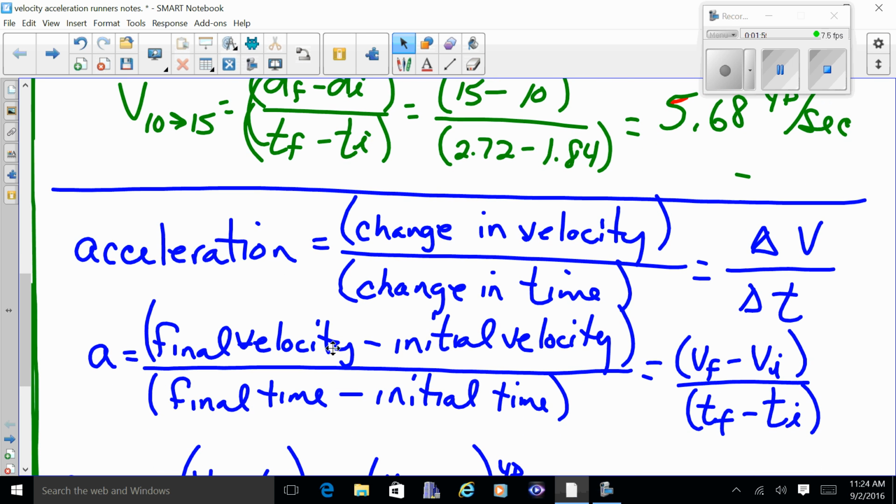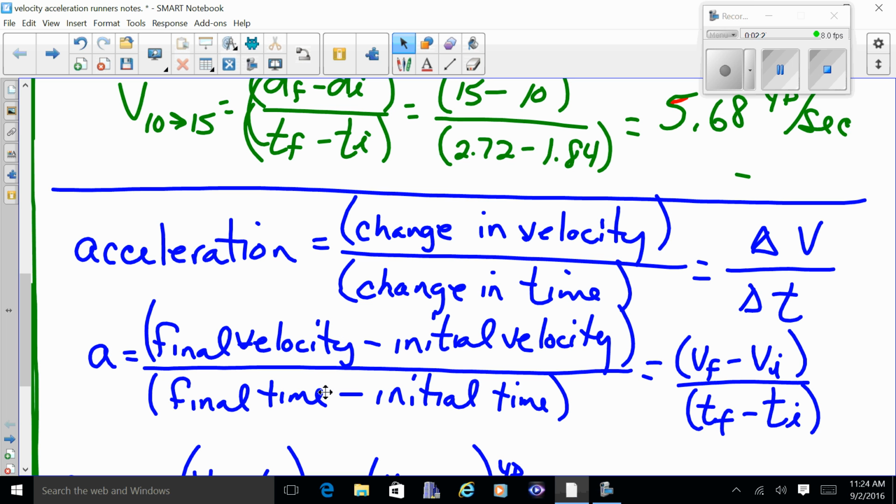I'm then going to divide that by the final time minus the initial time. If you notice, the bottom ones up here, the final time minus the initial time, were the same as up here in velocity. So we're going to use these same numbers in the equations down here as we used for velocity. So acceleration and velocity are going to be the same as far as the bottom numbers.